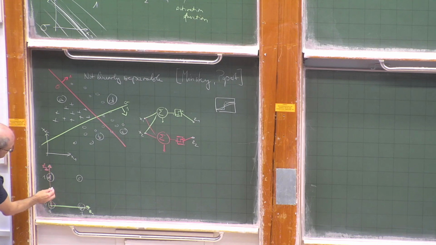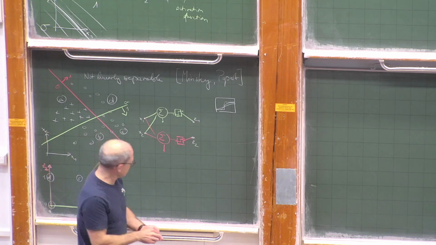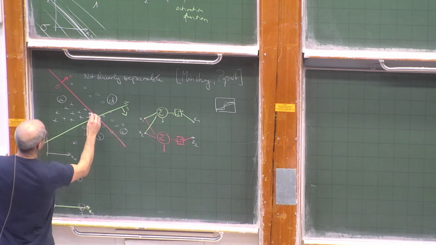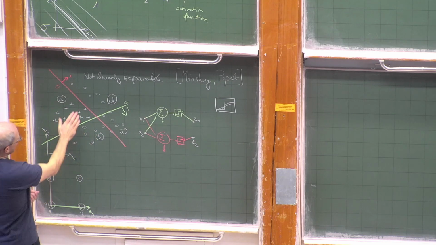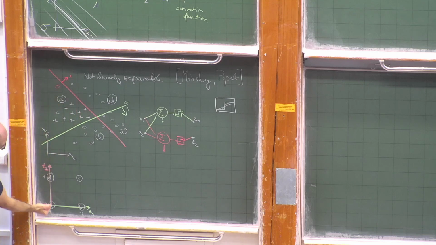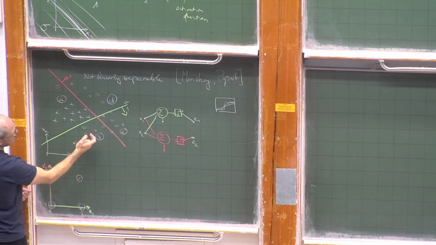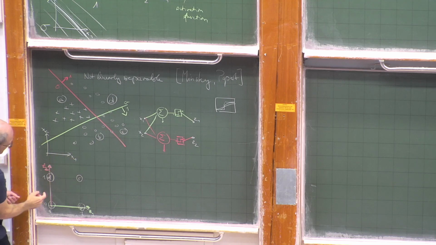Okay, I'm going to use the final color that I have. All the crosses, all the region A, was mapped here, and all the circles B, C, and D were mapped here, here, and here. And now we want to separate them.